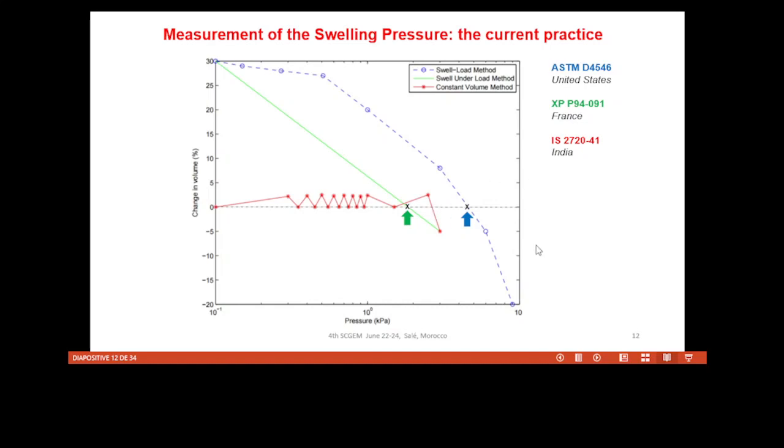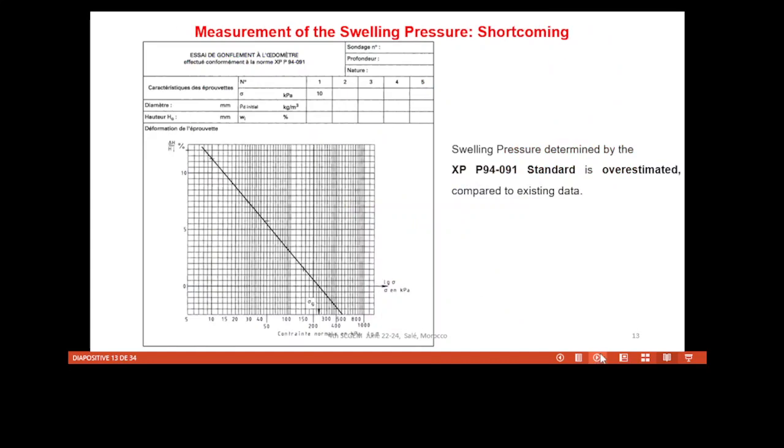About the French standard, we will illustrate in details. So we need to perform at least 4 tests or even 5 tests on different specimens, and for different stresses we will determine when the axial deformation becomes 0, and here we determine the swelling pressure.